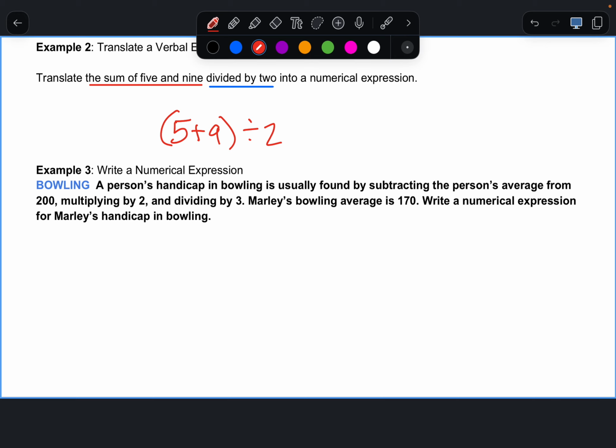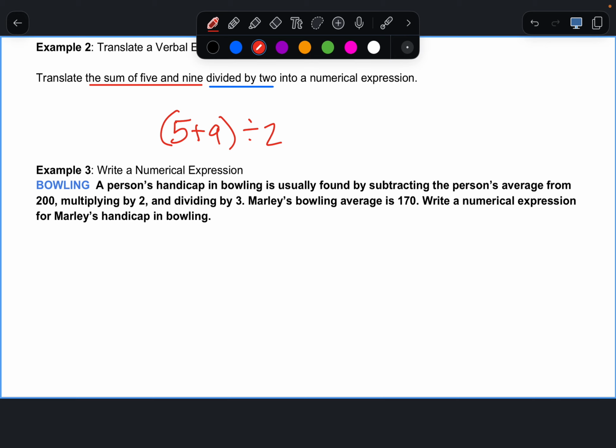Okay. As I'm looking over, I see a couple different things happening. I see 200 minus 170. I see 170 minus 200. Subtracting the average from 200, so we need to subtract the average from 200.